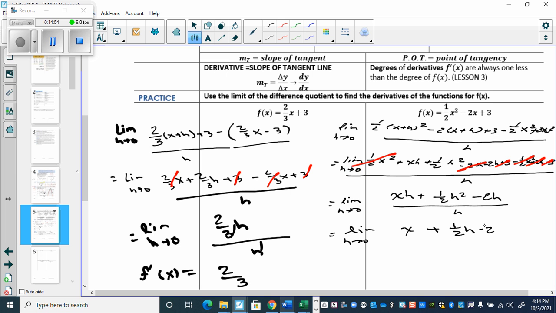Throw that 0 in, and I get that this limit, this derivative, is actually equal to x minus 2, and that's it.